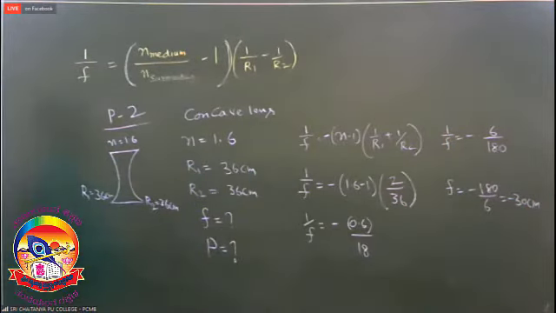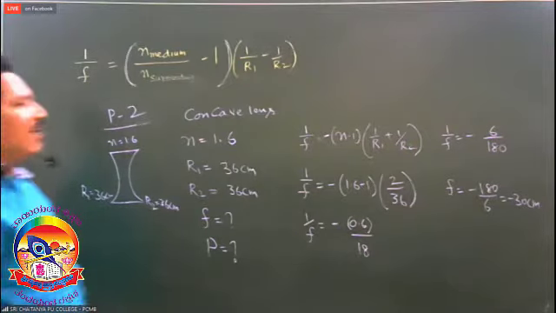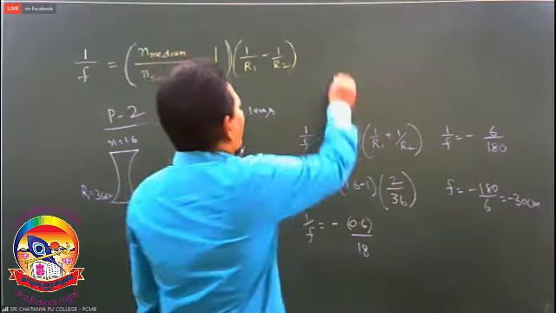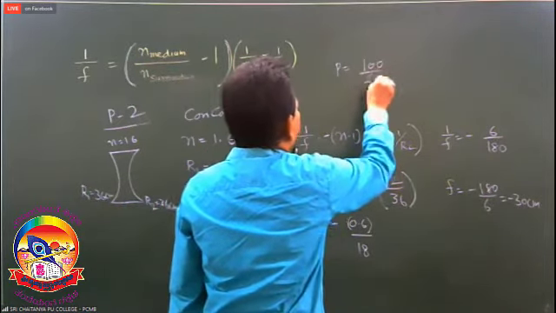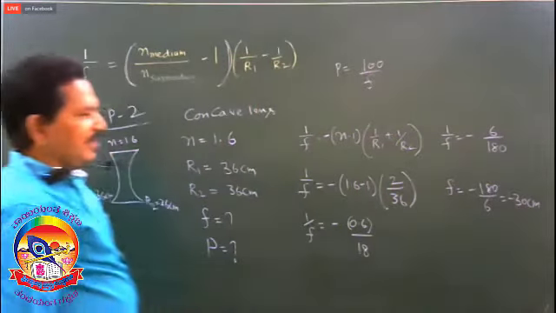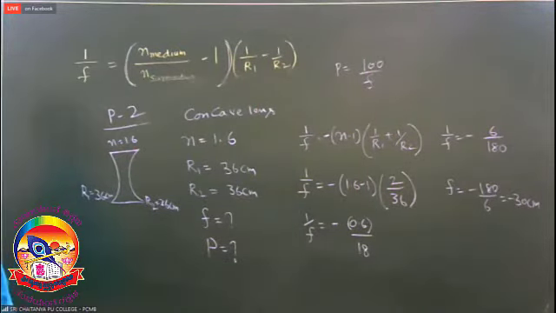Focal length of the concave lens, equiconcave lens, minus 30 centimeters. Minus represents concave, divergent. If you want to calculate power, calculate power. Power is equal to, because f is in centimeters, 100 by f.